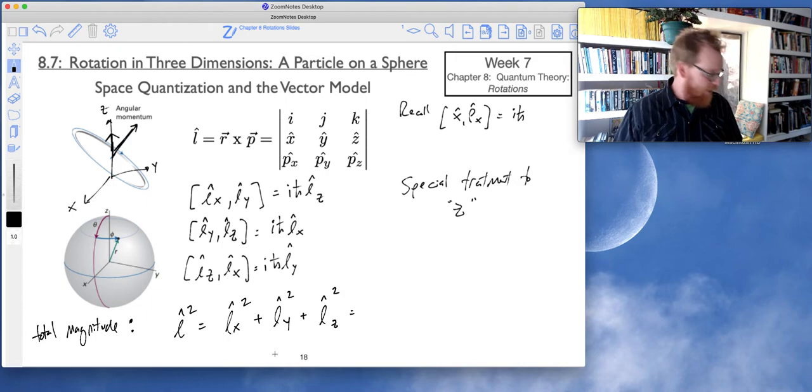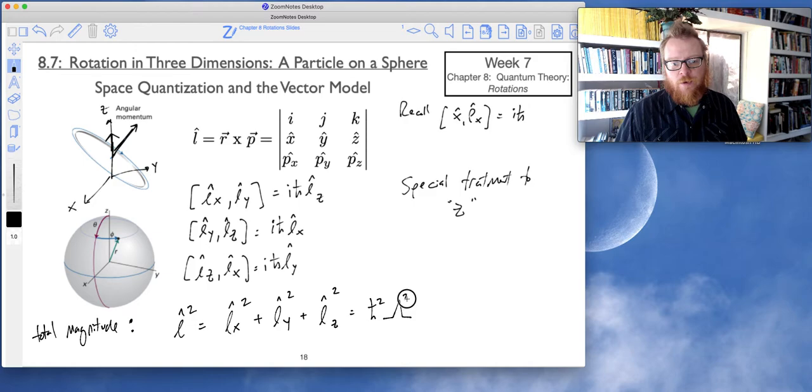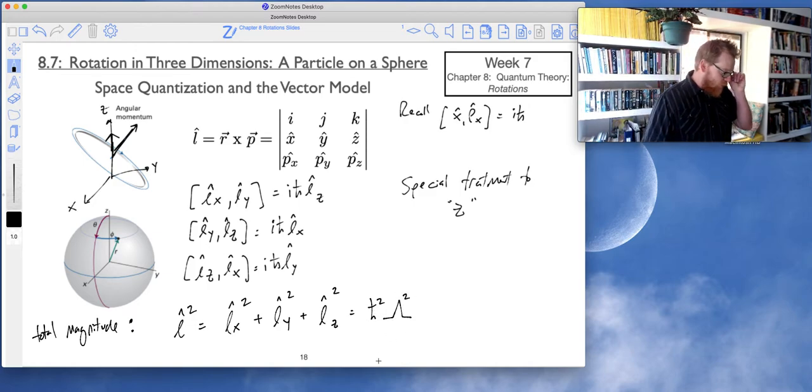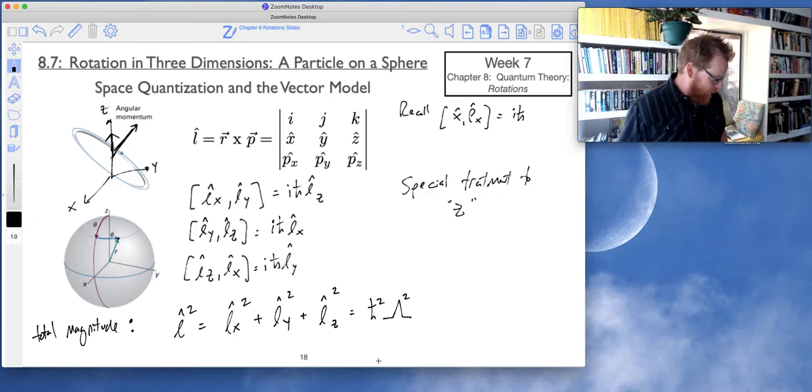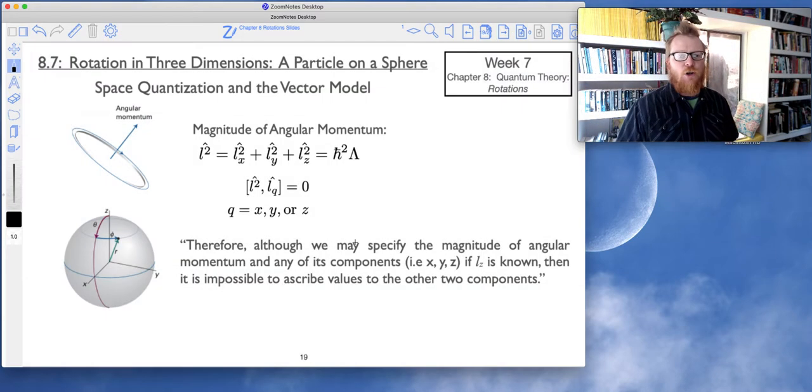I'll also supply this value here, a pretty cumbersome result when we go through it all: it equals h bar squared times the Legendrian squared. Recall that the Legendrian squared is that big nasty 1 over sine squared theta, et cetera. Here I've got that all summarized.